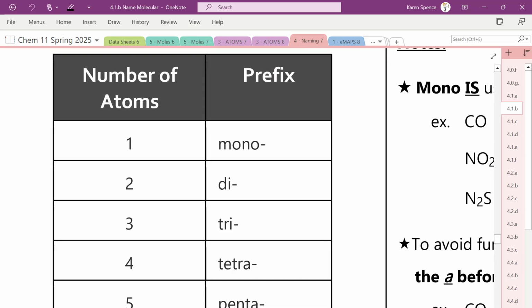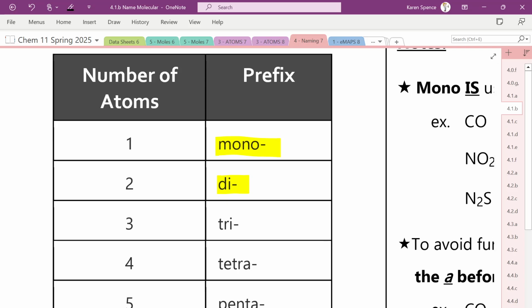Have you heard of carbon monoxide? Carbon monoxide contains one oxygen. Mono means one. If you dissect something, you're cutting it in two. Two is di. What if you're a little kid and you're riding around on a little thing with 3 wheels?